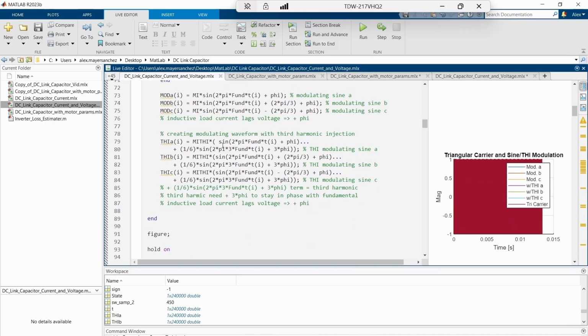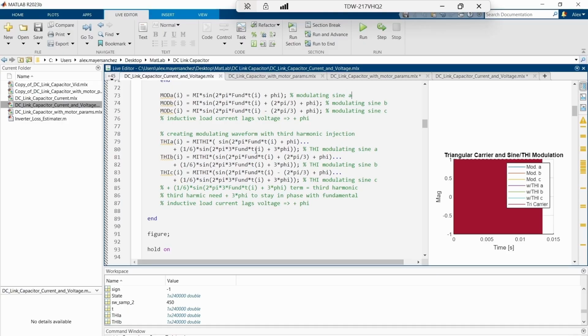And then for the third harmonic injection waveforms, it's a little more complicated. We have the same component, sine of 2 pi times the fundamental times time plus the phase shift, but then the third harmonic is the same term added into all of these equations, and that's 1/6 of the magnitude of sine of 2 pi times 3 times the fundamental.